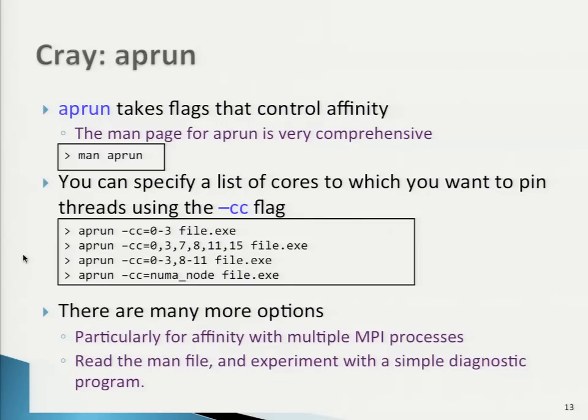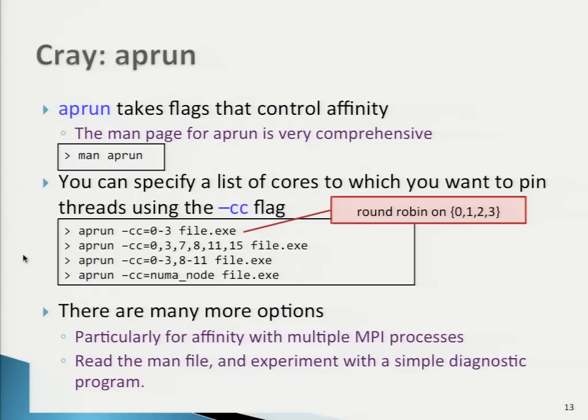And if you don't want it to pin individual threads to individual cores, so put thread 0 on core 0 and thread 1 on core 1 and so on, you can use this flag, -cc numa_node. What numa_node will say is, I want all the threads to be assigned to cores on the same NUMA node, but I don't want you to explicitly pin each thread to an individual core. They can float around on those cores. So that's what we're doing.